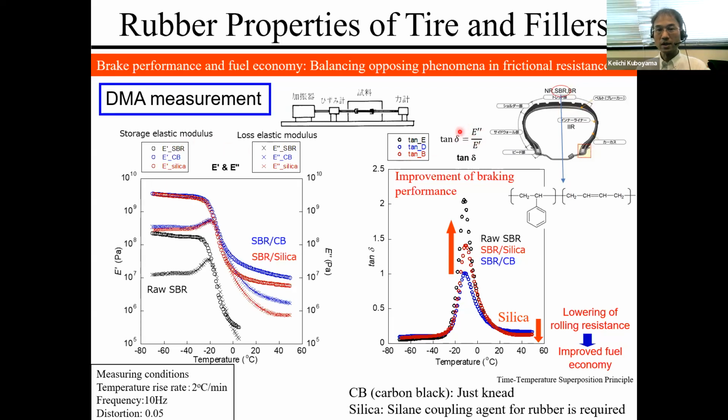If tan delta is higher, that means the loss modulus is relatively higher, so the energy loss becomes higher. From this data, you can easily get the plot of tan delta like this.